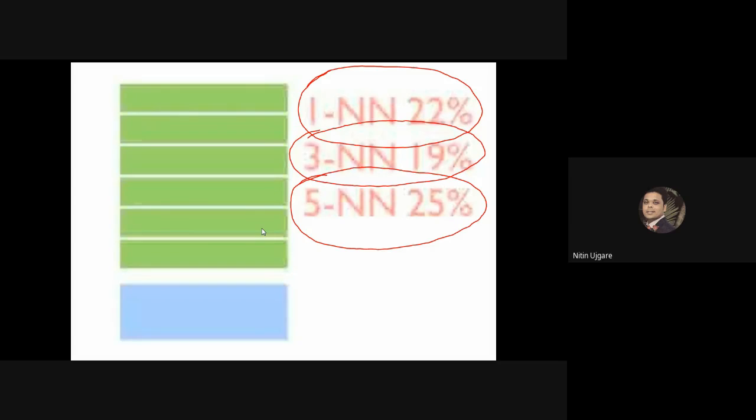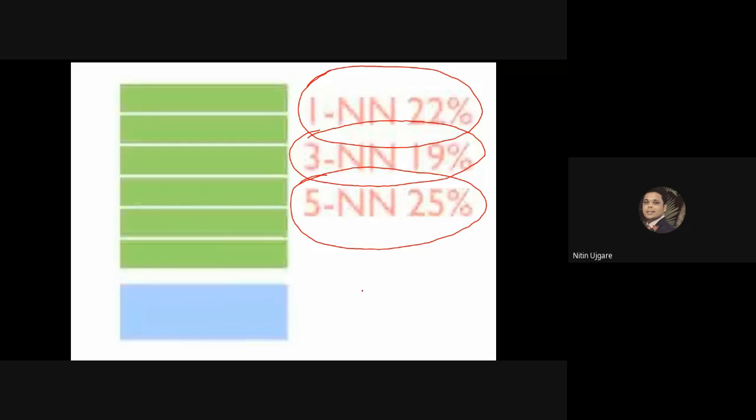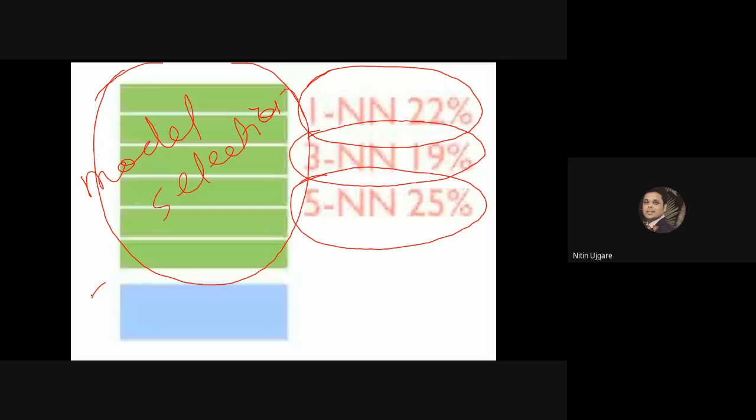So after the first phase, in the second phase, because we realize that the 5NN classification algorithm may be highly biased, again we split the data set into 2 parts. The first part will be used for model selection purpose, and we keep the other part of the data for testing.